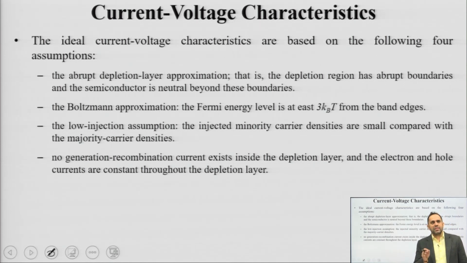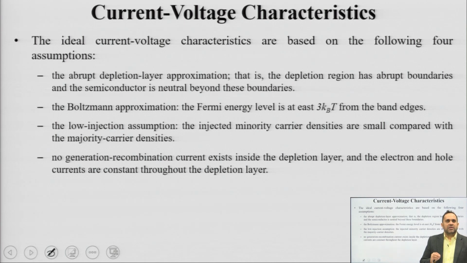Another approximation is known as Boltzmann approximation, which basically says that either on the P side or the N side, the Fermi energy level EF is at least 3 kT from the band edges. In N type it is 3 kT below EC, in P type it is 3 kT above EV.